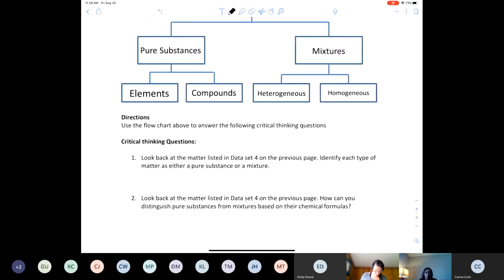And so if we look at water, and just looking at the conversion of water from a liquid to a gas, would you consider water a pure substance or a mixture? A pure substance.